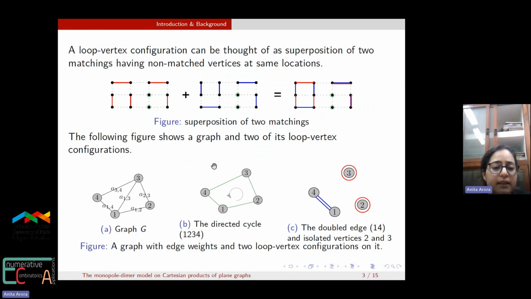For example, consider this graph on 4 vertices. The loop vertex configuration corresponding to the directed cycle 1, 2, 3, 4 has been shown in figure B, and a loop vertex configuration corresponding to a double edge at 1, 4 and isolated vertices at 2, 3 has been shown in figure C.